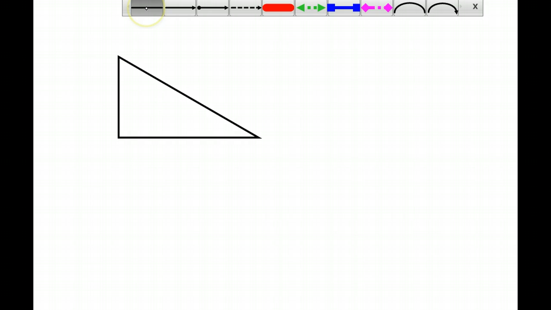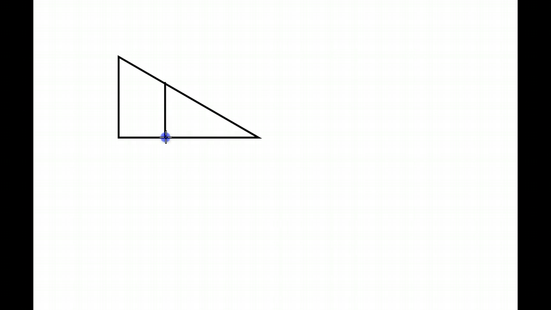So, for instance, if we have a triangle that looks like that and has a line right there, and I say this is A and that's B and this is C and that's 4, the middle line is 6.